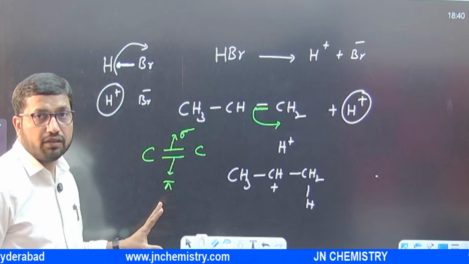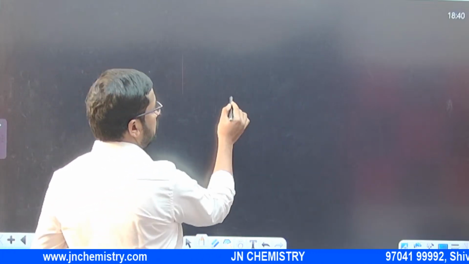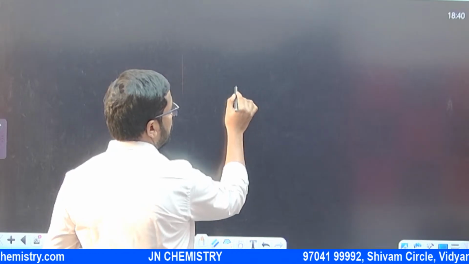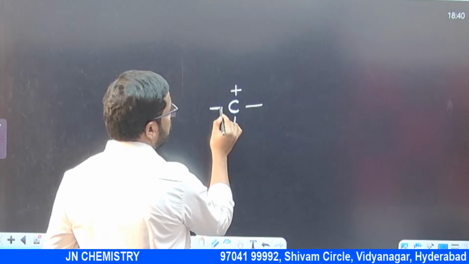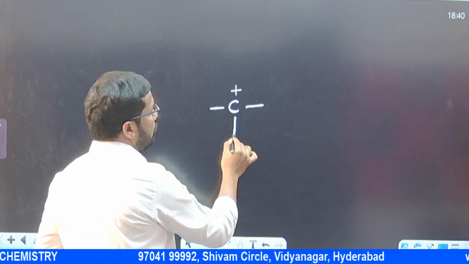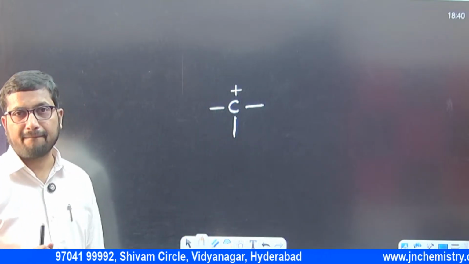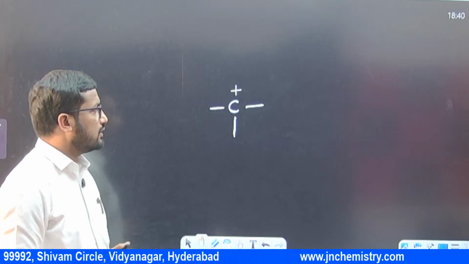Done, everyone? Now, how many electrons is the carbocation having?